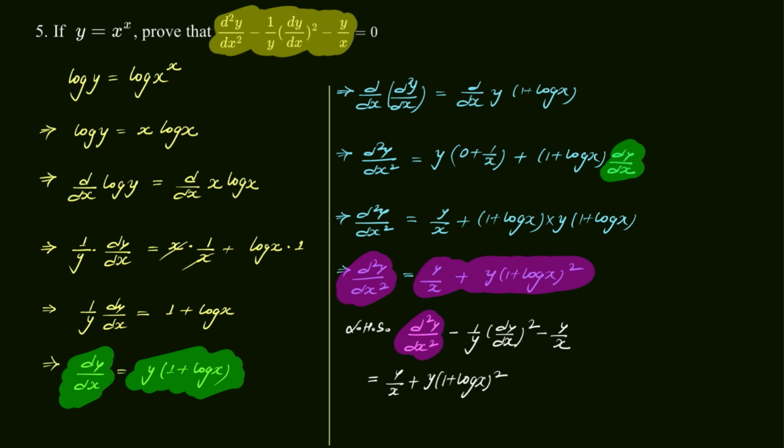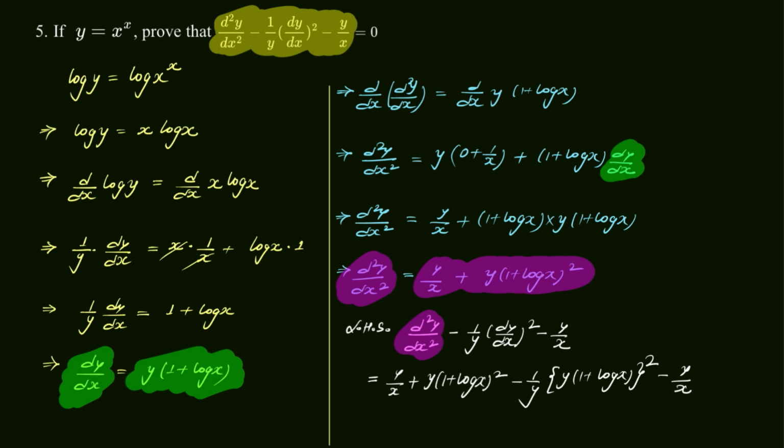After that there is minus 1/y into (dy/dx) whole squared, but we know the value of dy/dx is y into (1 plus log x) from this equation. So it will be y into (1 plus log x) whole squared, and this minus y/x.